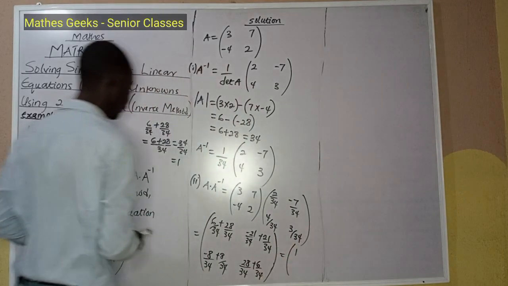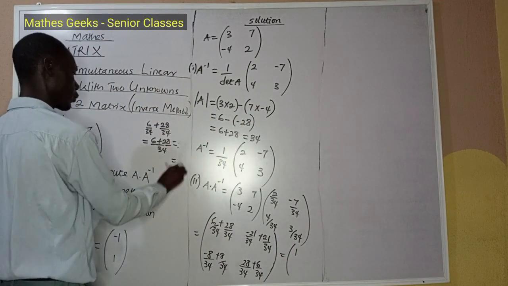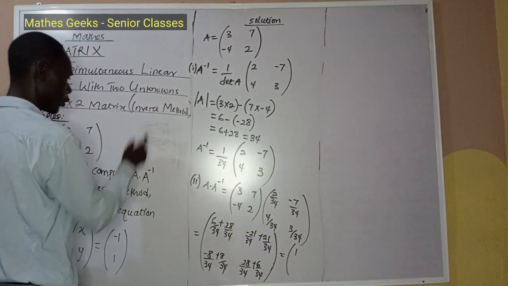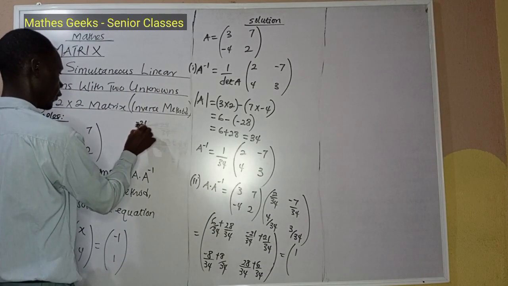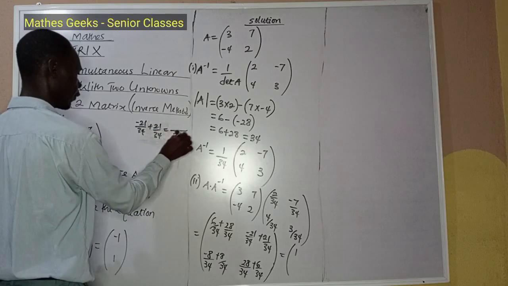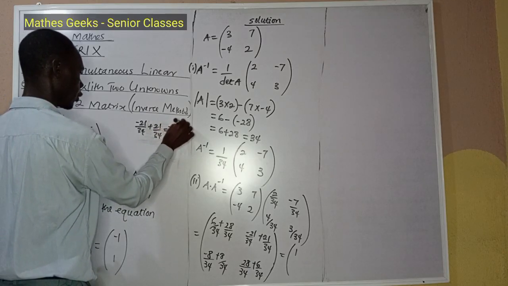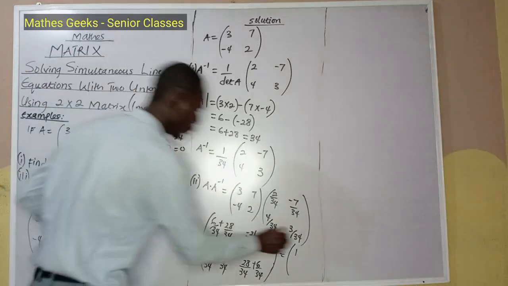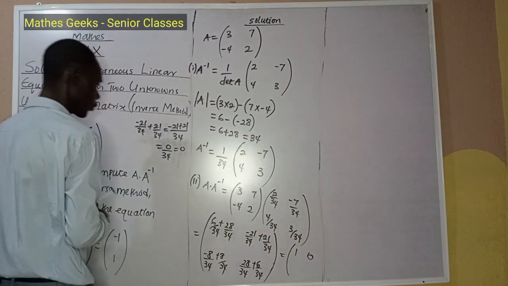And this is 1. So -21 over 34 plus 21 over 34. The LCM is 34. -21 plus 21 is 0 over 34, which is equal to 0.